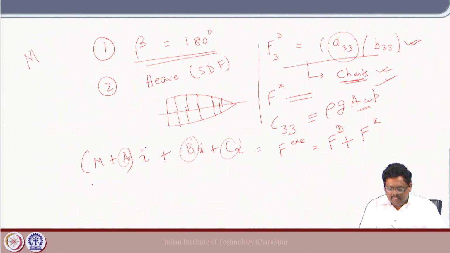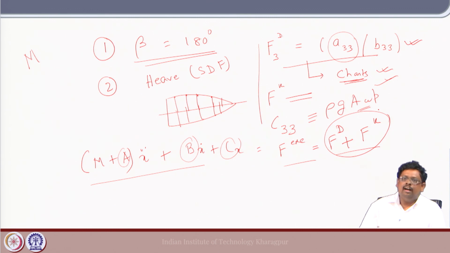So, everything you can do, the right hand side is a harmonic motion, because you are getting FD by this method, and plus you are getting Fk by this method.